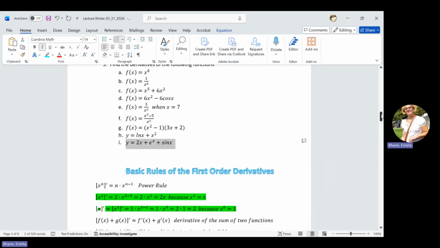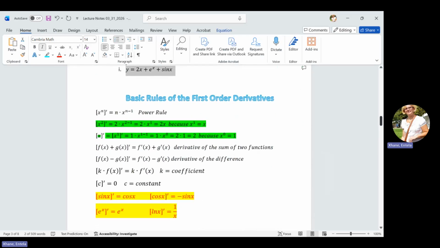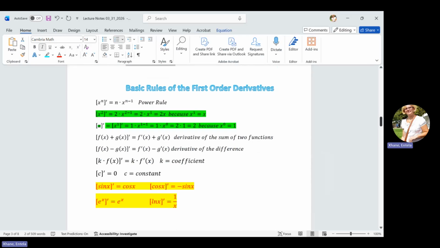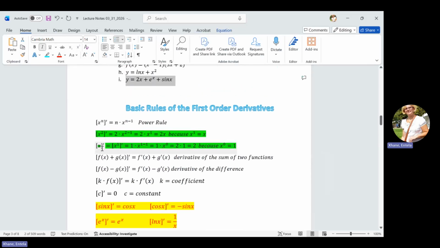Sine of x is going to be part of the derivative, and then e to the power x. Sine of x, when it is differentiated, is cosine of x. When e to the power x is differentiated, is e to the power x. And then when the variable x is differentiated as x to the power 1, the derivative is simply 1.